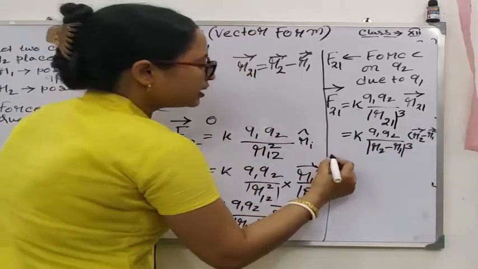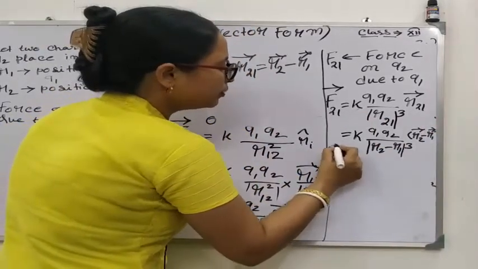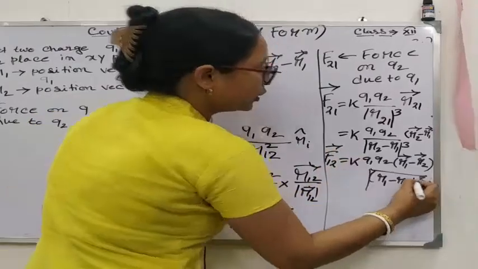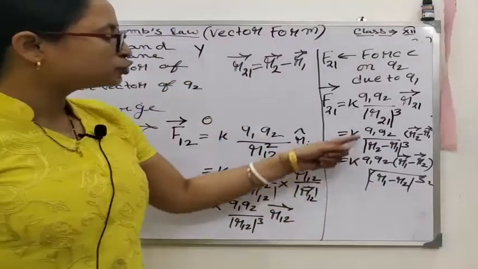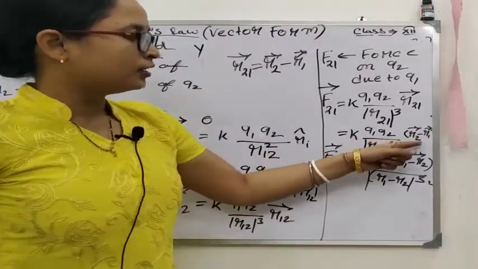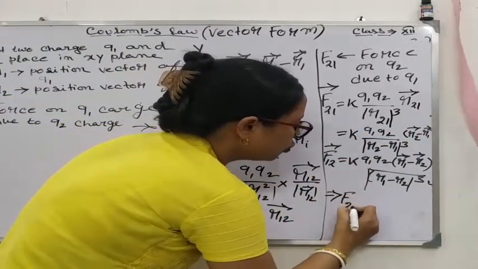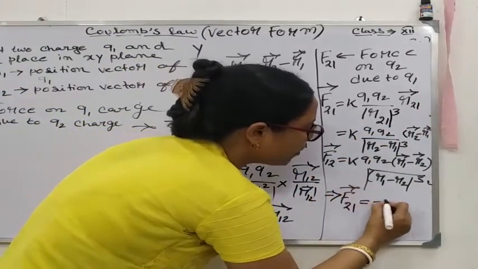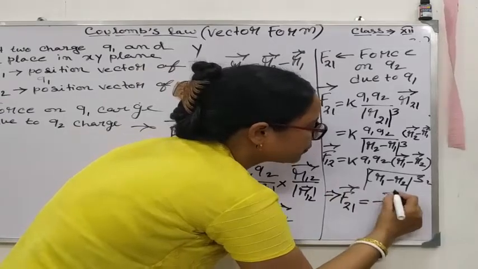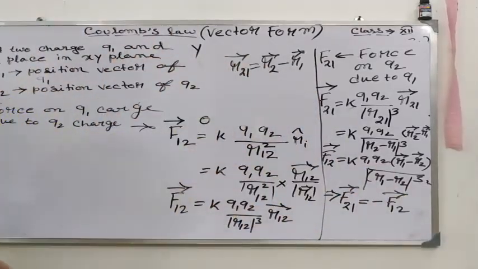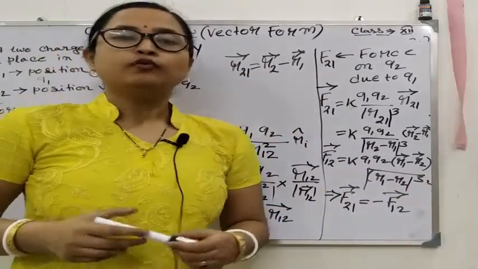Similarly, F12 will be K Q1 Q2 by mod R1 minus R2 whole cube into R1 minus R2. You can see the magnitude of these two forces is equal, only the sign is opposite. That means F21 is equal to minus F12 now. So this is all about the vector form of Coulomb's law.